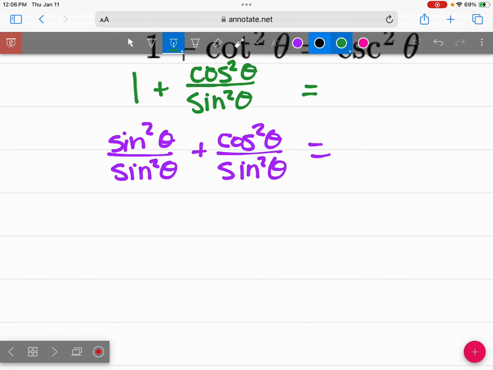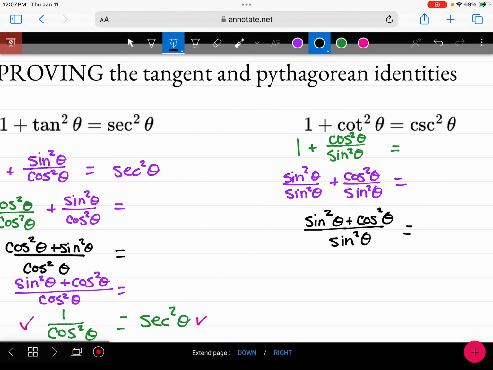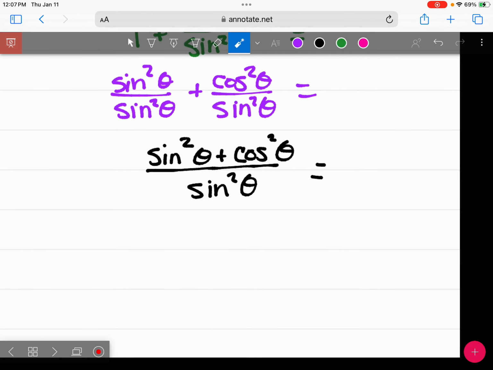I've got that common denominator, so let's put them together. So we have sine squared theta plus cosine squared theta over sine squared theta. And just like we saw in the last one, sine squared of theta plus cosine squared of theta equals 1.